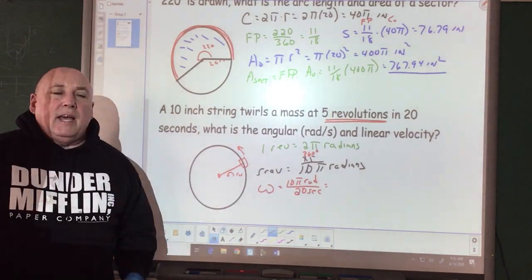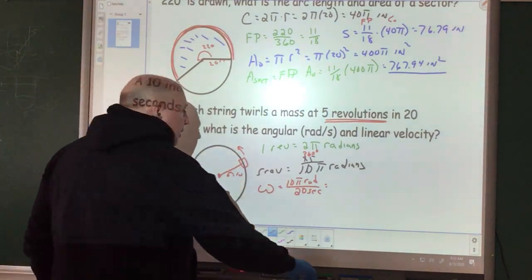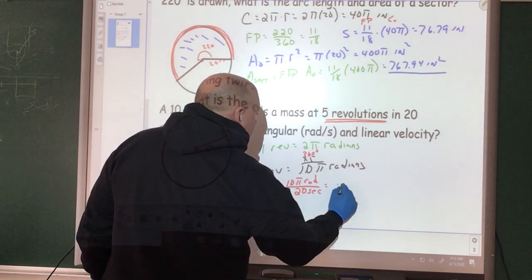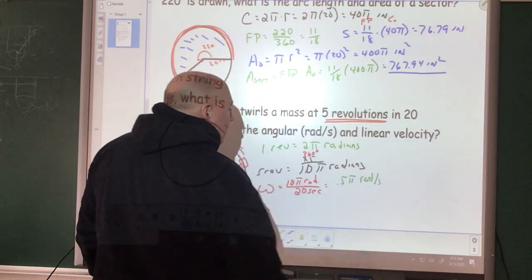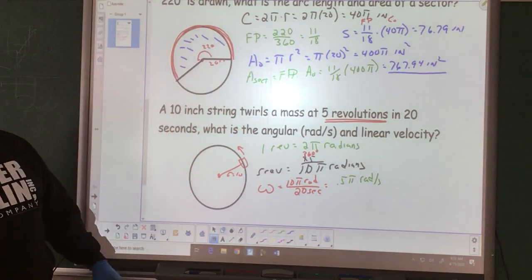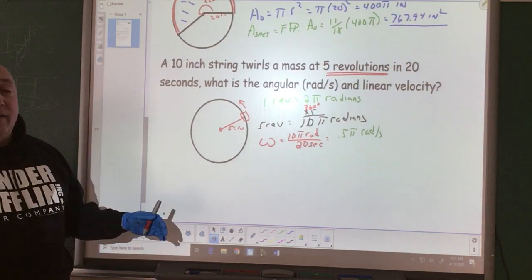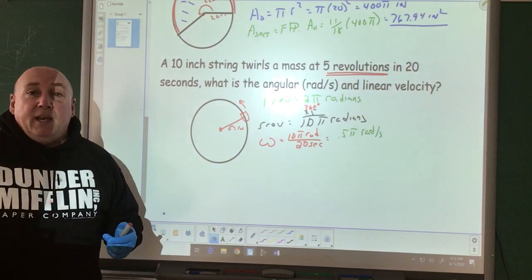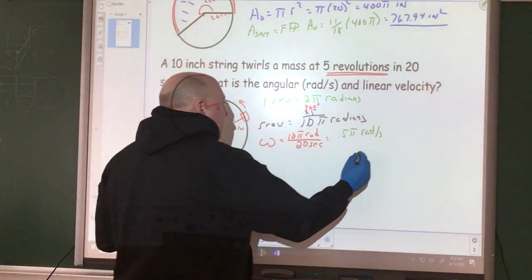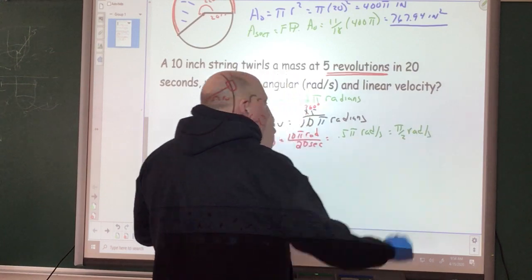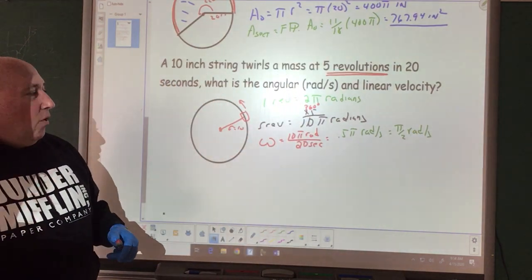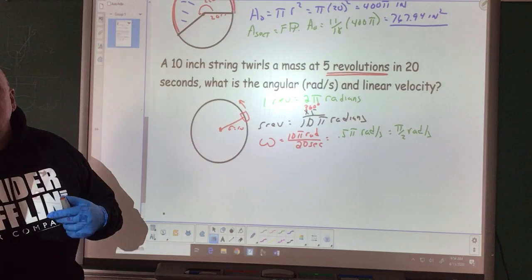The 20 and 10 reduce down to give me 0.5 pi radians per second, or 1/2 pi radians per second. Or we could have that as pi over 2. You could write it any way you want. You can write this as pi over 2 radians per second, or 1/2 pi radians per second.